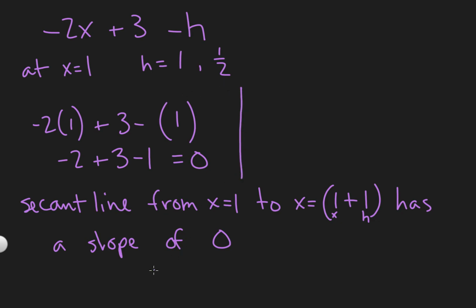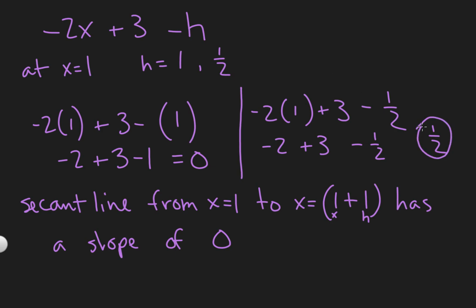Now, if we get closer to the x, my x is still 1, my h is 1/2. So we've got negative 2 plus 3 minus 1/2, which is going to give me a positive 1/2. So again, that's saying that the secant line from x equals 1 to x equals 1.5 has a slope of 1/2.